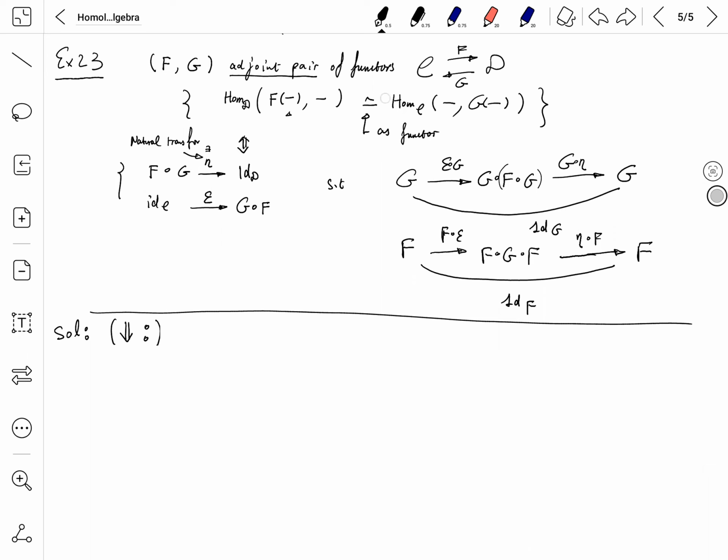From the isomorphism of bifunctors, we have in particular, for any morphism in C and any morphism in D, this is an isomorphism of functors, so actually a natural transformation you could think about.